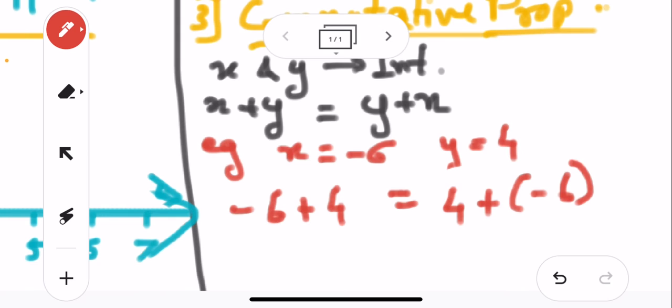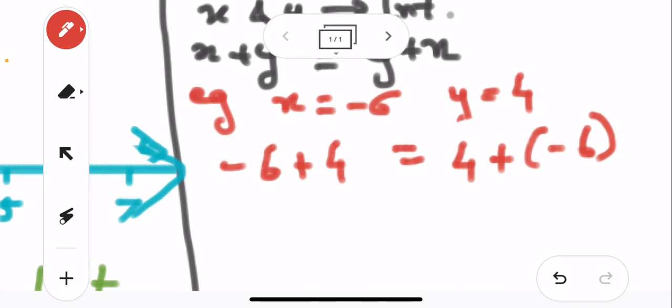Now what we have studied, we'll be doing: one is minus and one is plus, so two different signs, so we will do subtraction. So 6 minus 4 is 2, and we will put the sign of the larger number. When we write 4 it means it is plus 4.